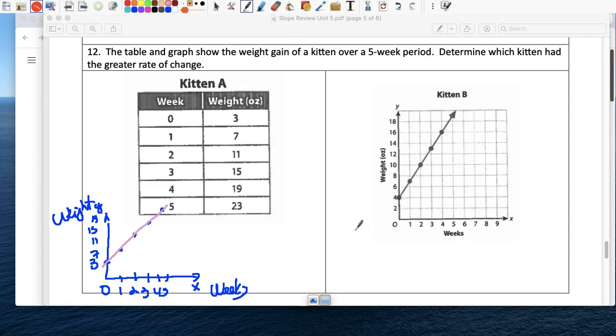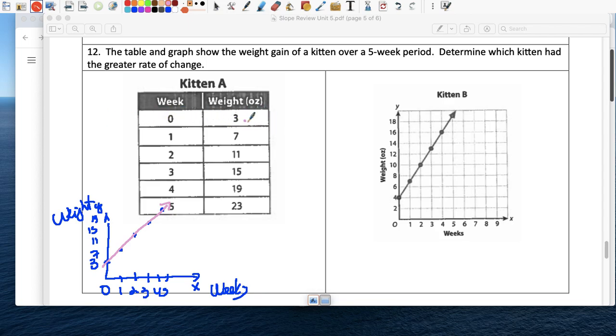Determine which kitten had the greater rate of change. So which kitten had the greater slope? Pretty much. And which kitten gained weight faster? That's basically the question. So let's find the slope here. Pick two points. Let's pick 0 and 3.